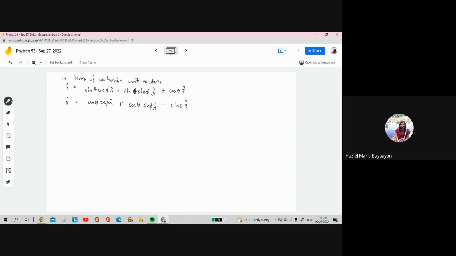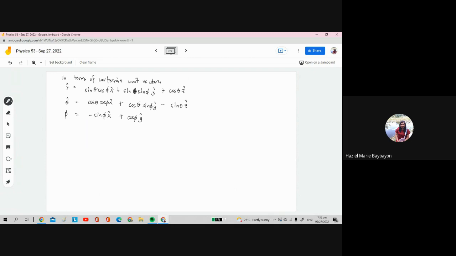We can actually derive this one, but it would take a long time. And then we have phi hat. You can derive this through geometrical analysis also. So you have negative sine phi x hat plus cosine phi y hat. Okay. So again, I would like to warn you that r hat, theta hat, and phi hat change direction as P changes.